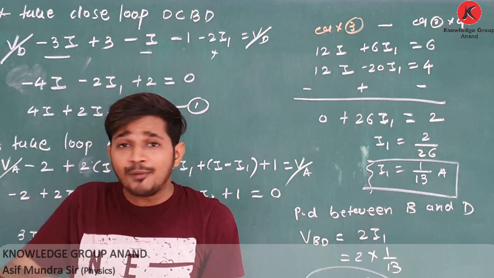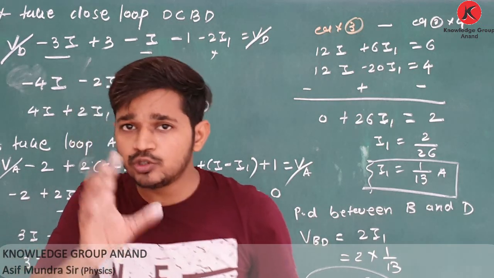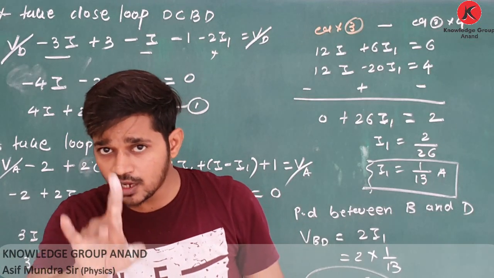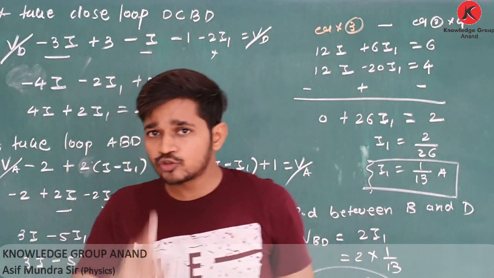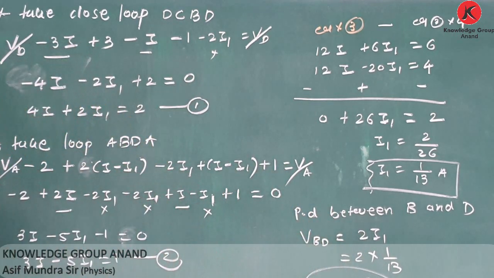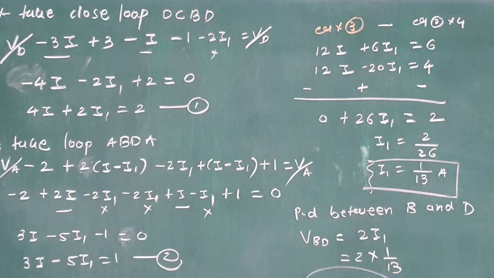So yes, to form minimum 2 equations, we have to take 2 closed loops. You can take any closed loop in any direction. Your answer will be same. Don't worry, your answer will be same. Clear about this? So it is one question. It is application of Kirchhoff's rule.